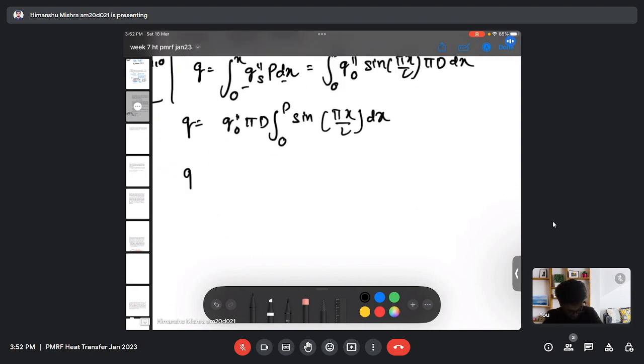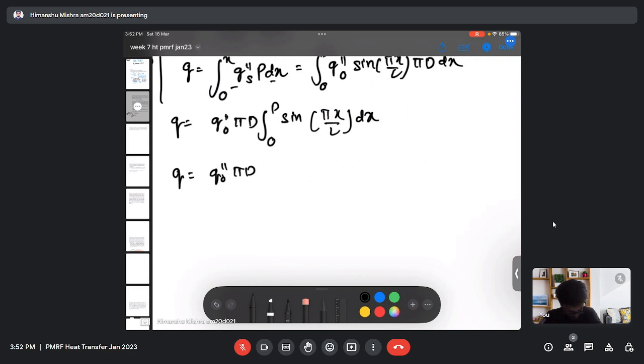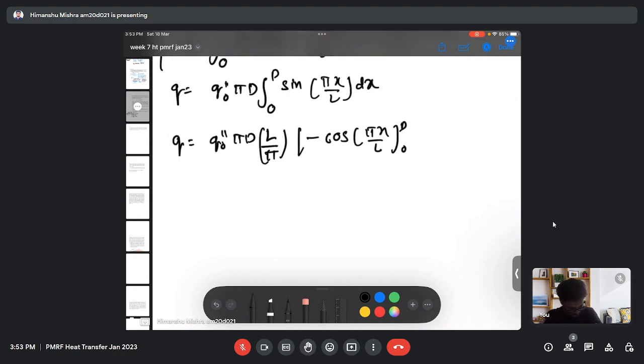After integration, we will get my total heat transfer as 2dl q naught.